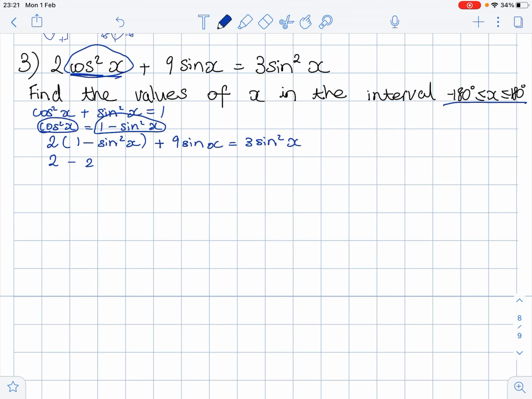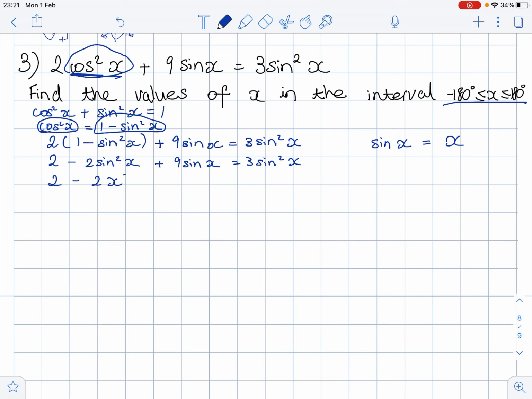So expand our bracket. I have 2 minus 2 sin squared x plus 9 sin x equals 3 sin squared x. So what I can do here is replace my sin x with x. So it looks like a quadratic equation.